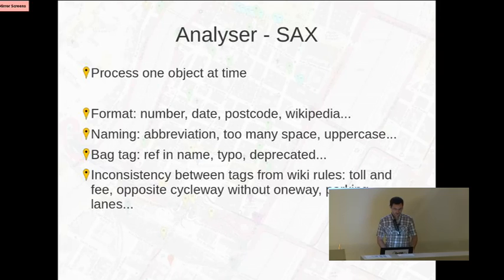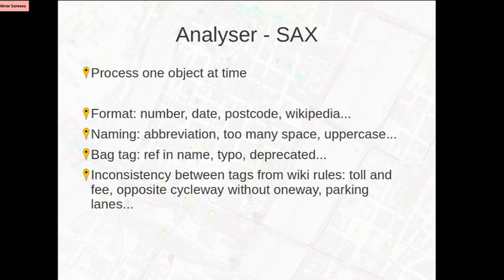We can check inconsistencies that can sometimes be complex, like a parking lane on a way in a highway. You need some way, some parking lane, etc., and you need the total to be consistent with other tags. And you can check things like this.